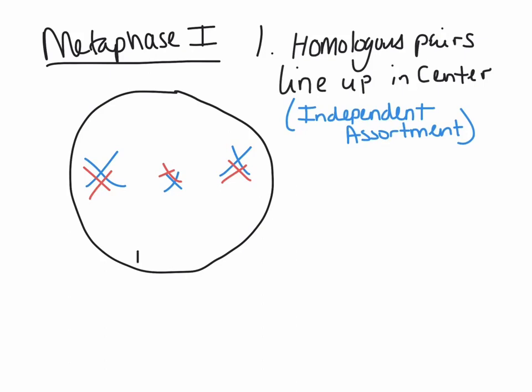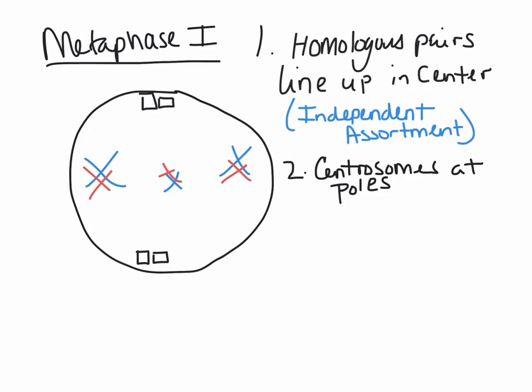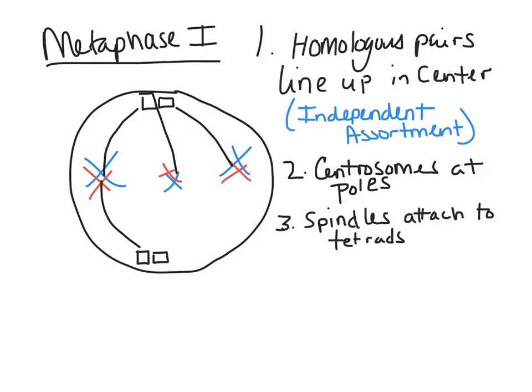During metaphase, we also see that those centrosomes have reached the poles and that they have produced spindles long enough to attach to each of the tetrads. At the end of this phase, the cell is still diploid.